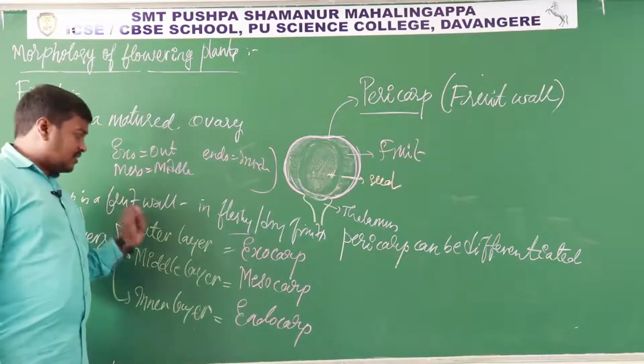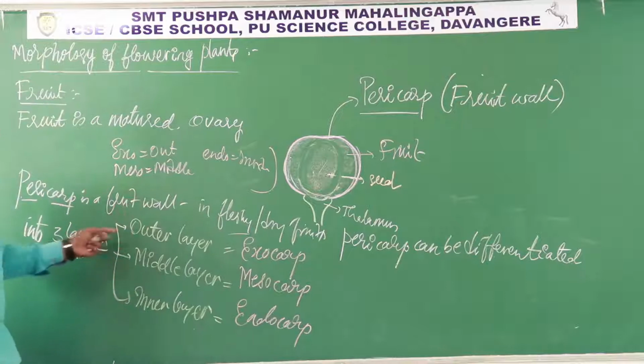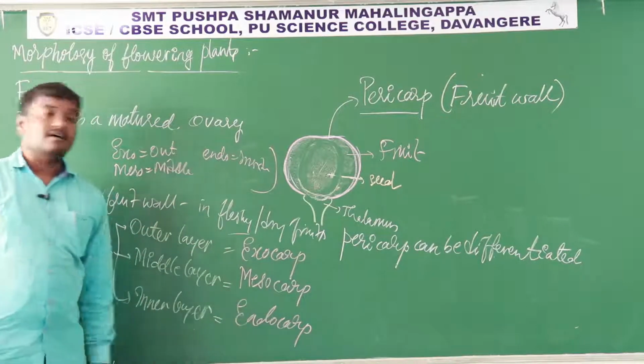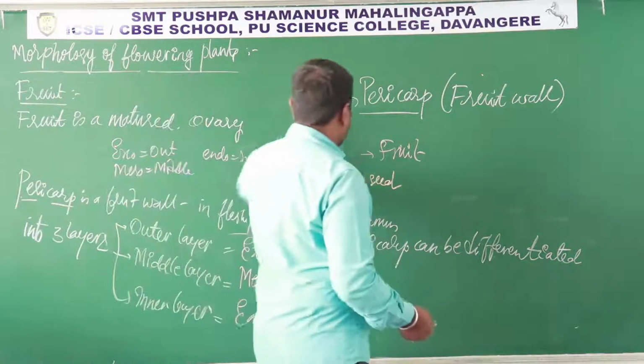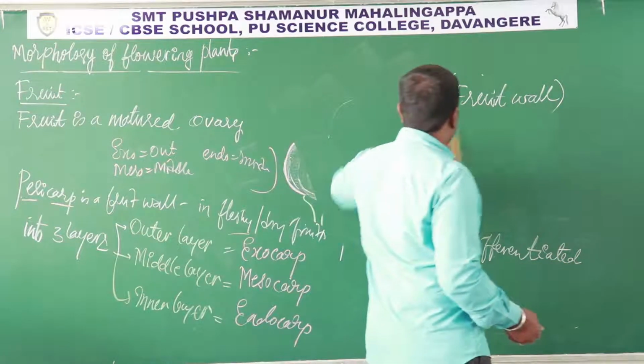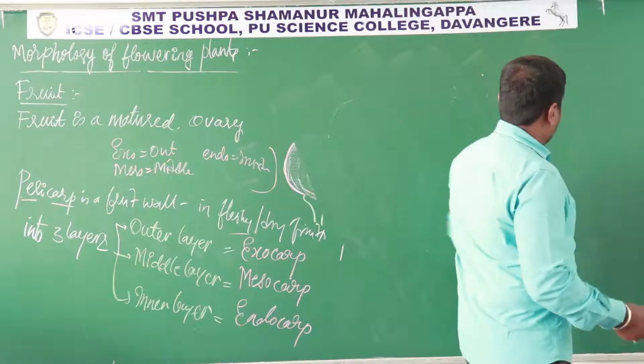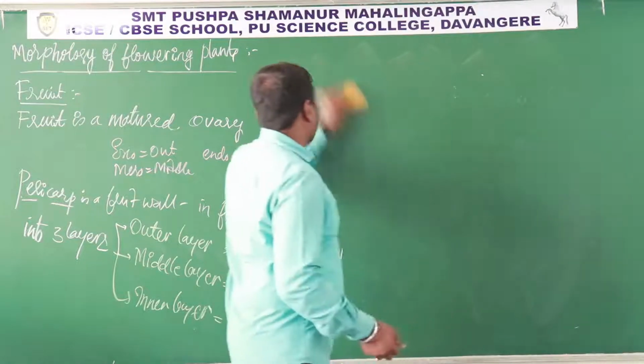Not all the fruits, some fruits can be differentiated into exocarp, mesocarp and endocarp. So let me take one example and describe. What are those three layers or three walls of fruit?